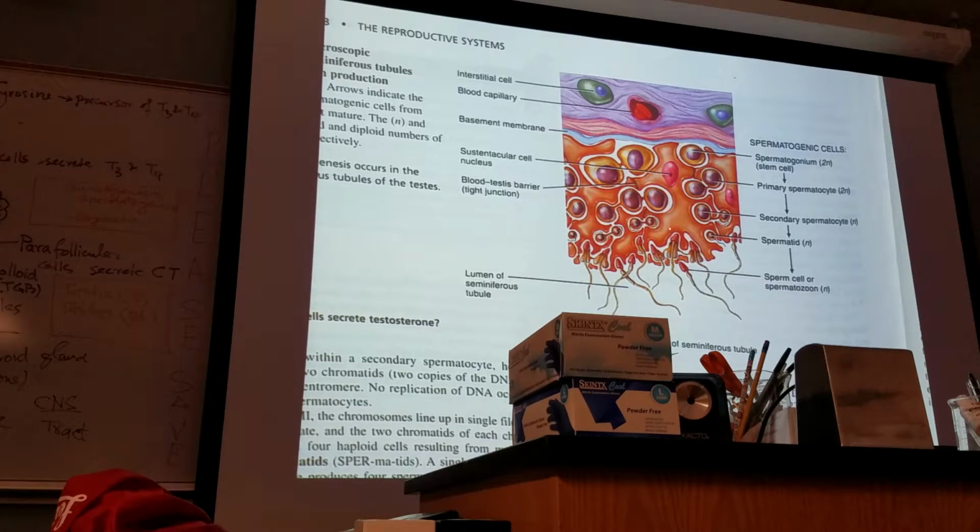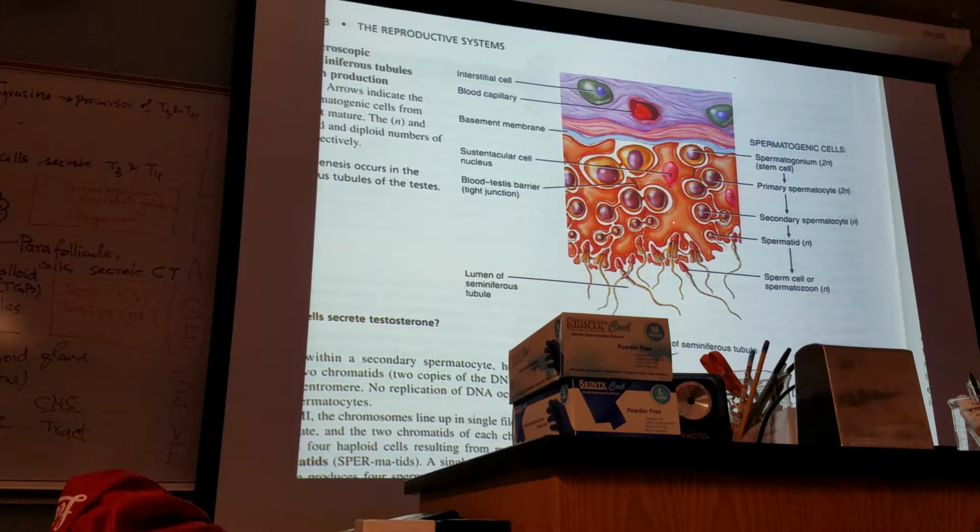But you can see that inside the seminiferous tubule, besides the spermatogenic cells, there are certain cells called Sertoli cells or sustentacular cells. You see here one complete sustentacular cell and two partial ones, and these cells are attached to each other by tight junctions, and these tight junctions create the blood-testis barrier.